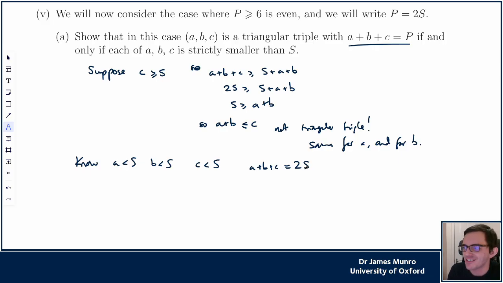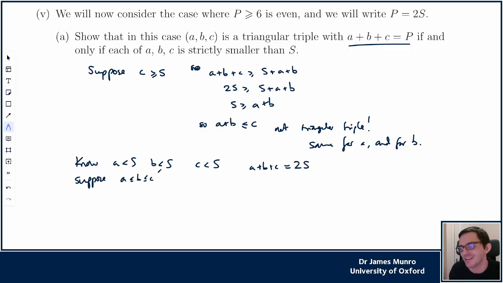So what are we trying to check? We're trying to check that this is a triangular triple. Anything that adds up to 2s with all of these numbers not too big works as a triangular triple. So we need to check. Let's suppose a is less than b, less than c. If not, shuffle them around.